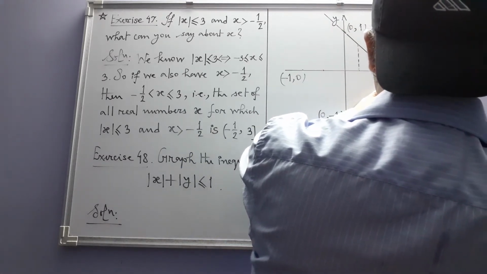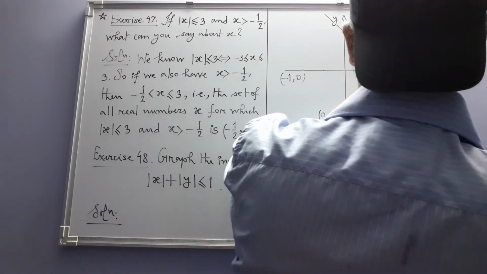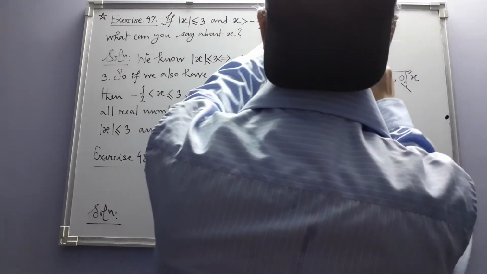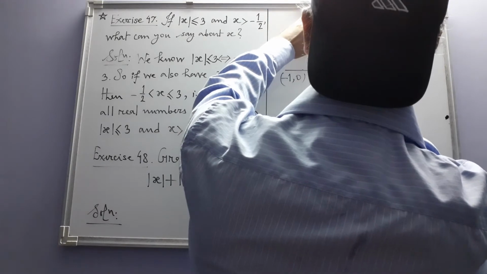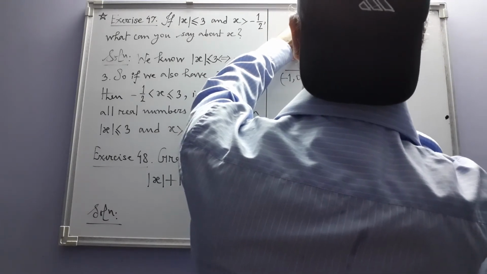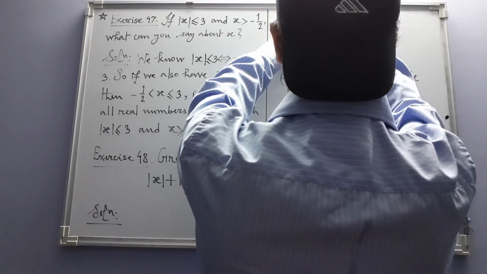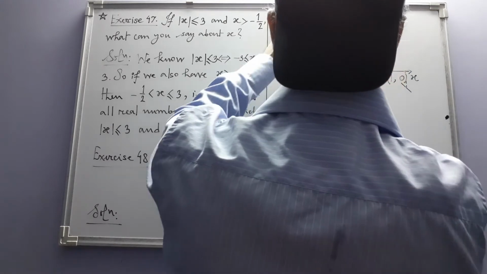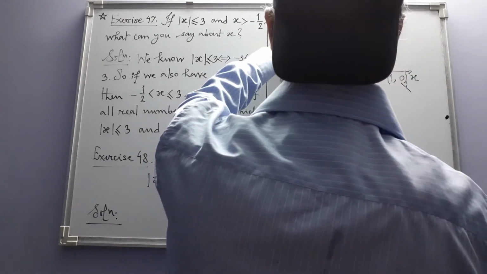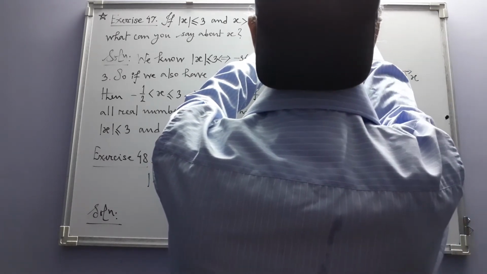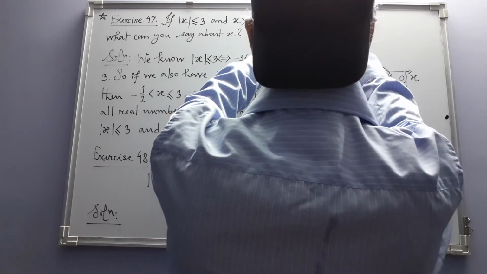Let's see. Since I haven't said what x is in these three cases, that is the 3 points I have drawn here. So this is a general situation, just for the sake of showing you what's going on.